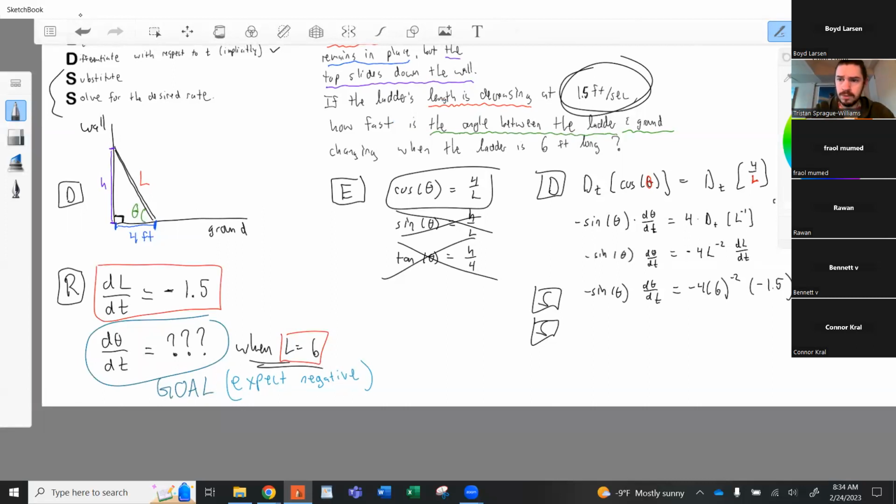Our goal, remember, is to solve for this guy, d theta over dt. But that leaves negative sine of theta. That's a problem. We need to know what negative sine of theta is. We need to be able to substitute in something constant for that so that we can get our final answer.